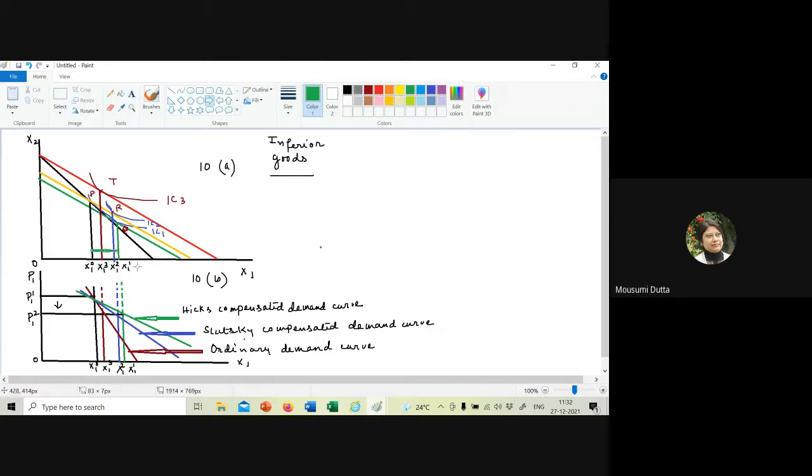This is Hicks substitution effect. This is Slutsky substitution effect. This is Hicks income effect moving to the opposite direction.